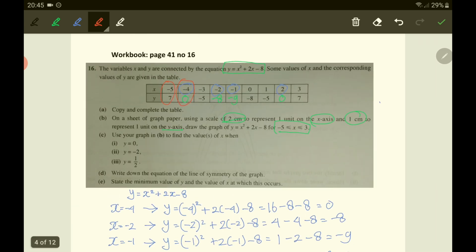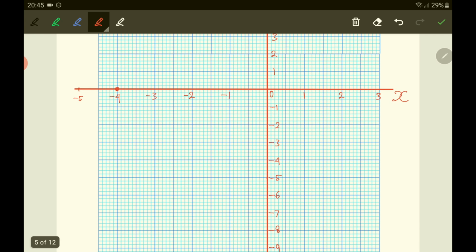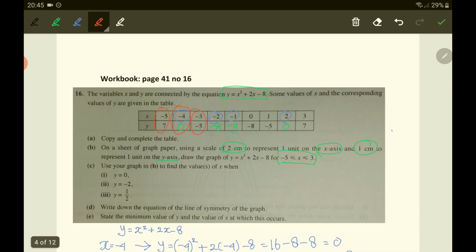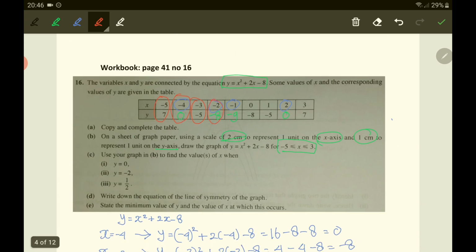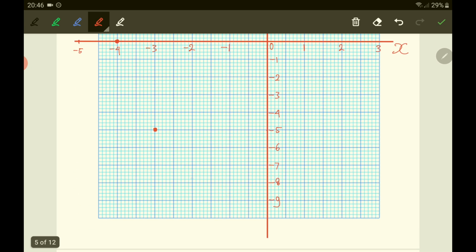Then the third is minus 3, minus 5. When x is minus 3 and y is minus 5, we get here. Next is minus 2, minus 8, so we get minus 8 here.